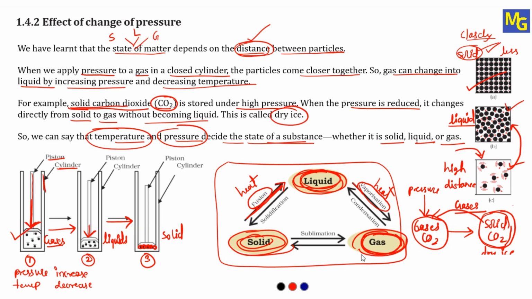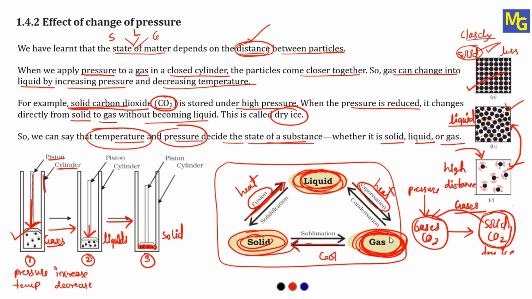Now, when you have gases, you can convert these gases into solid, and here we have to cool. Already we have given a lot of heat to convert from liquid to gases, so these gas particles have a lot of heat. To convert back into solid, we have to bring the particles close, and for this we can cool it.